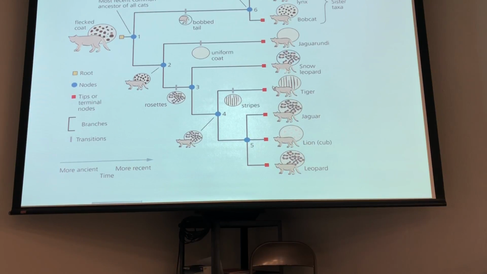Now, the particular set of characters they're using are the coat, in particular, the type of spots, stripes, or other features of the coat. Is this the only feature that has ever been used to classify cats? No. So we're going to simply look at this as if this is the only evidence. And using this, they did a phylogenetic cladistic analysis to come up with some relationships based on that. But let's look first at the structure of the tree.